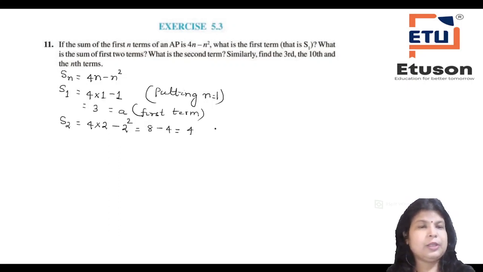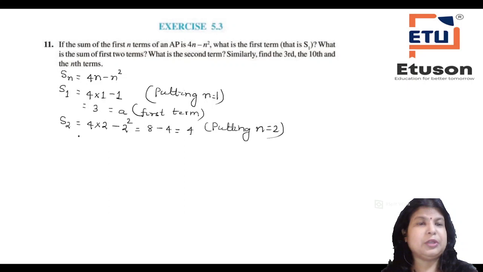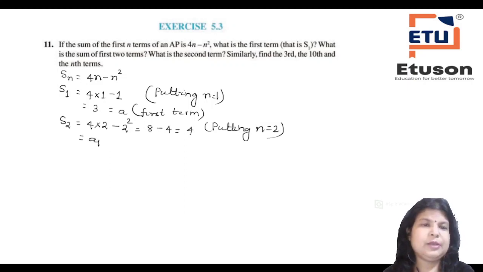So you have put n is equal to 2, right? Now what is S2? What is the summation of two terms? It is nothing but equal to A1 plus A2, that is equal to 4.